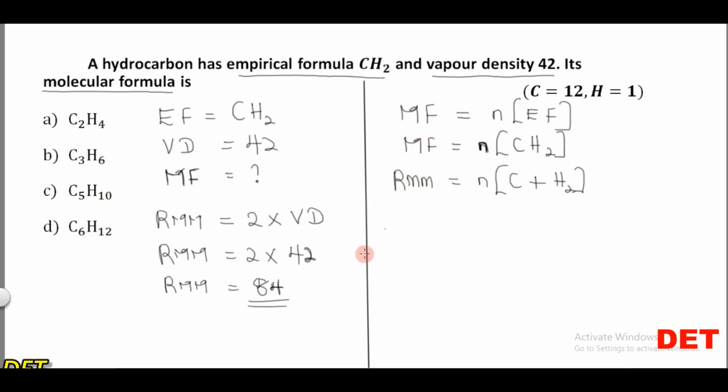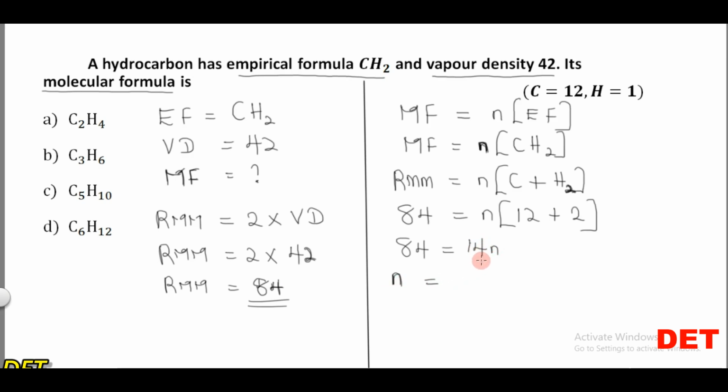Now that we have the relative molecular mass of the hydrocarbon to be 84, I can say that the relative molecular mass is equal to n(C + H2), since relative molecular mass is the summation of the relative atomic masses of the elements. So 84 is equal to n(12 + 1 times 2). 12 plus 2 gives 14, so 84 is equal to 14n.